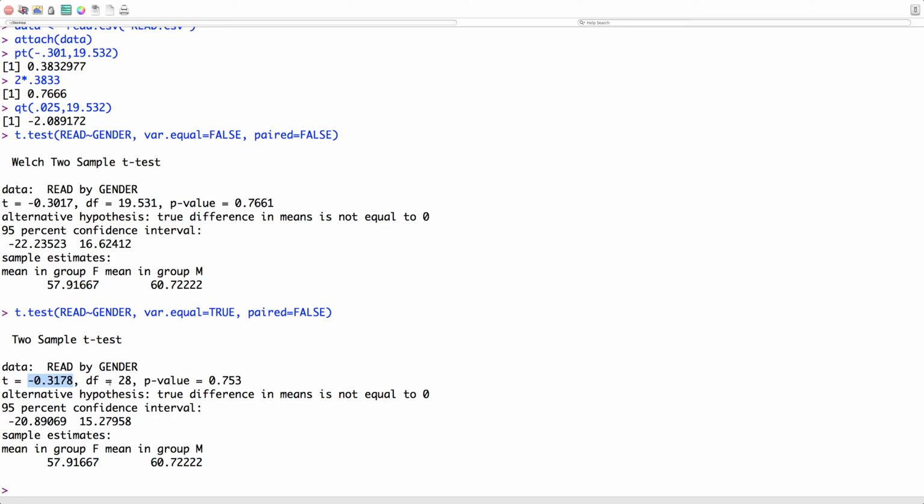I'll explain that in just a second. Notice that the degrees of freedom are much simpler. They're not a decimal, but they're much larger, which gives us more power. And the p-value is slightly smaller than the p-value here. Again, that's all tied back into the different degrees of freedom. Means not equal to 0. Notice that our 95% confidence interval still contains 0.